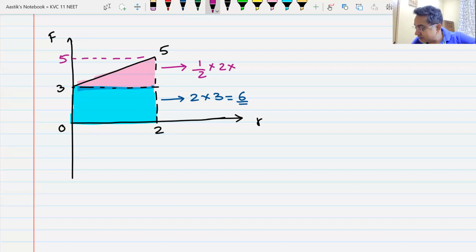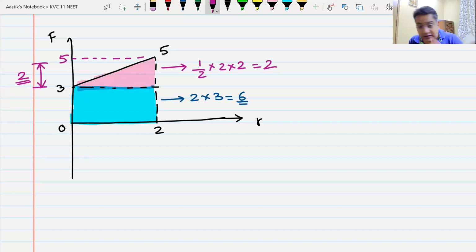See, this is 5 and this is the height. This is 5 minus 3, 2. This is 2. Height is 2. Do we understand this? Yes, sir. Half into 2 into 2, so it becomes 2. So the answer is 6 plus 2, 8.